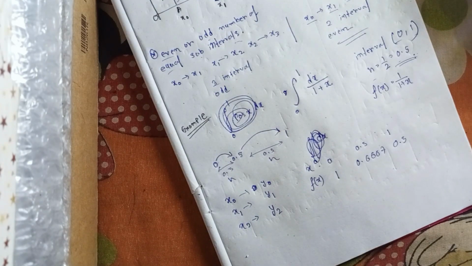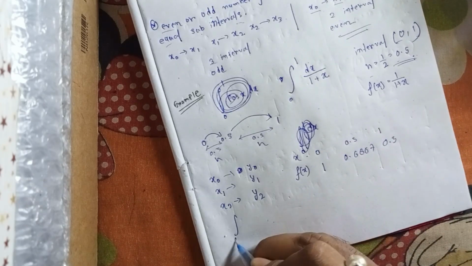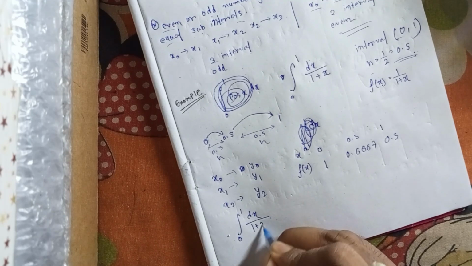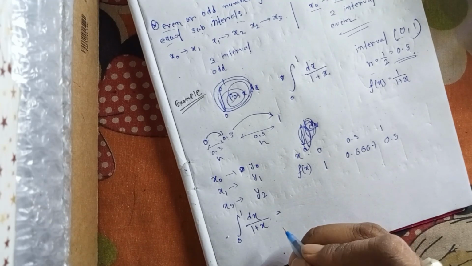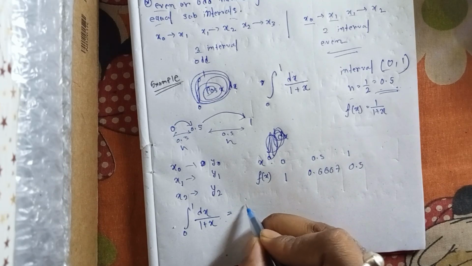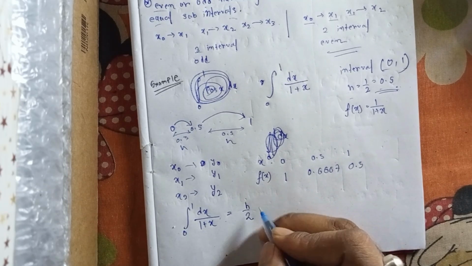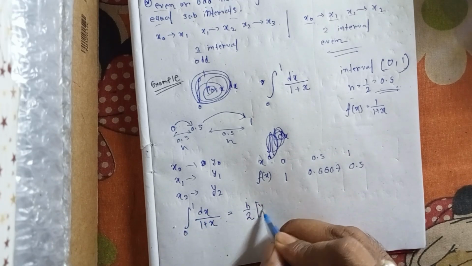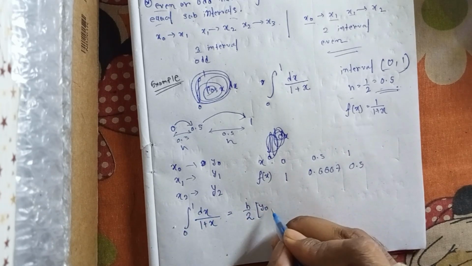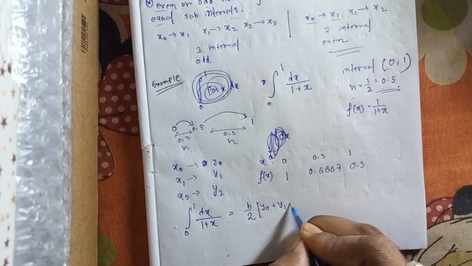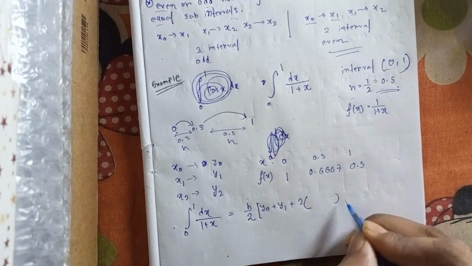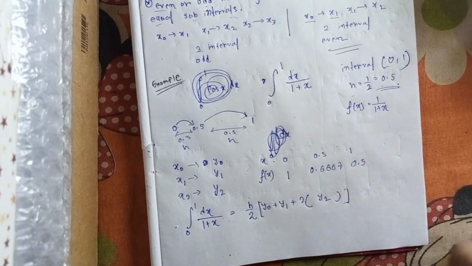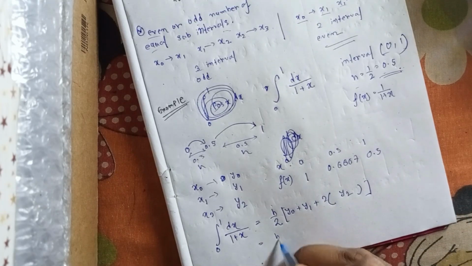So for the trapezoidal rule formula, at first y0 and then yn, here 1, and then the other points. Here, other points mean what? We have just 3 points, y0, y1, y2. So y2, that's it. So you can put the values.